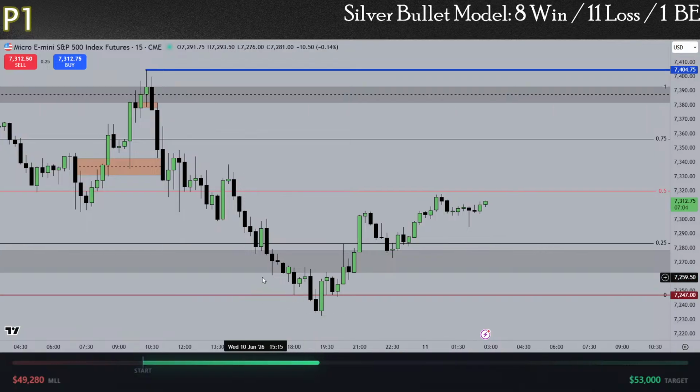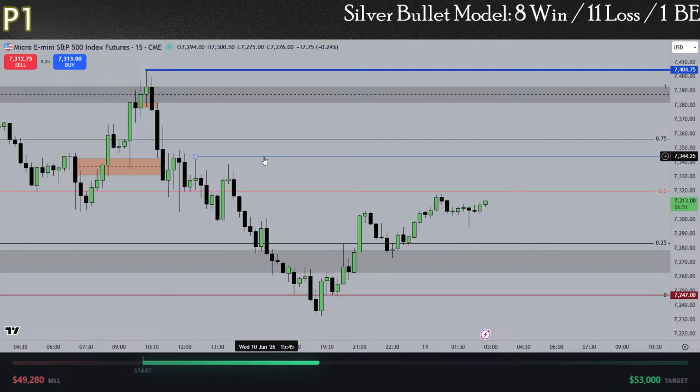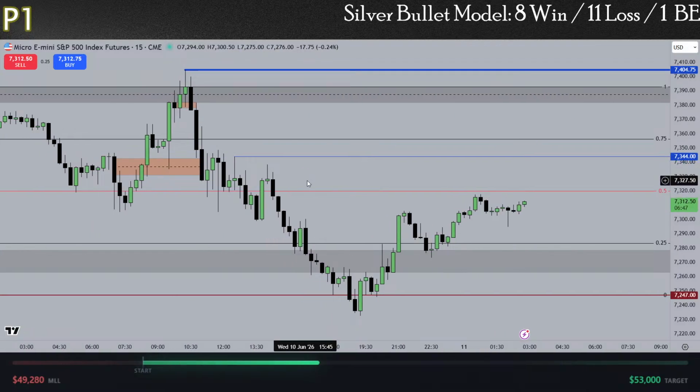Price already made some sort of a turn in here and starts repairing higher, minor obvious buy side liquidity in here. That would be more reliable for this particular session, I would say.